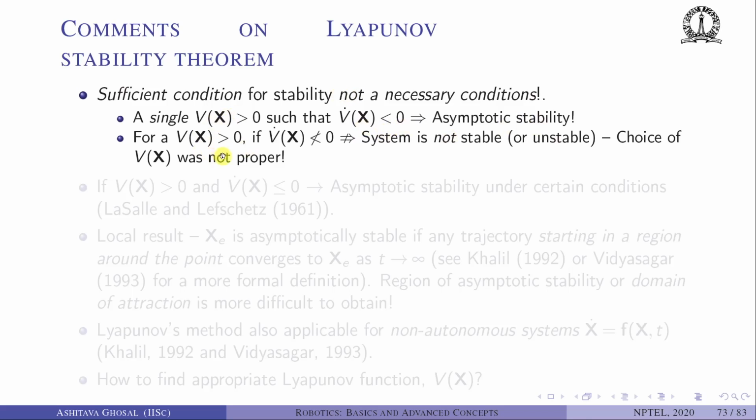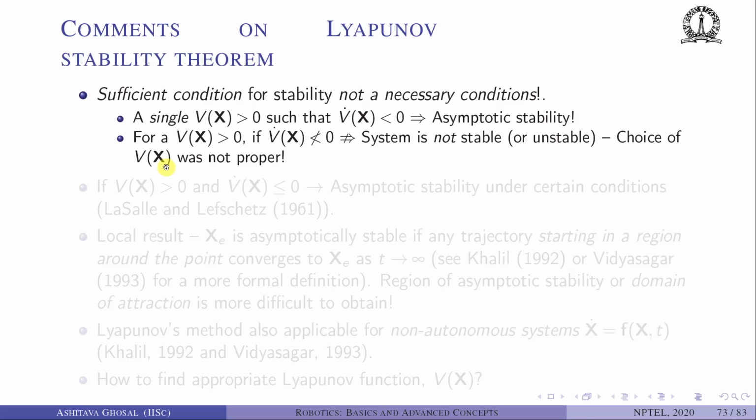However, let's assume that you found a V of x which is greater than 0, but V dot of x is not less than 0. We cannot say that the system is not stable. The negation of V dot of x less than 0 does not imply an unstable system. All it means is that you did not make a good choice of V of x.